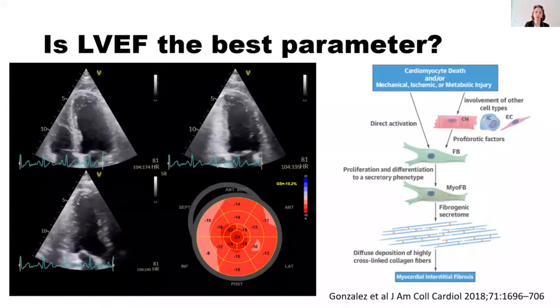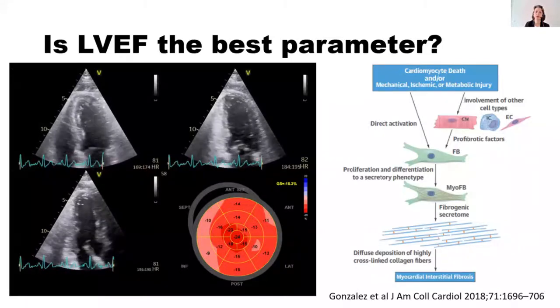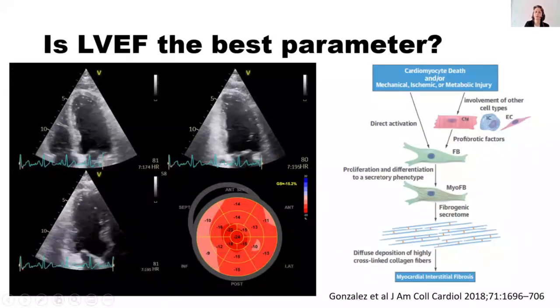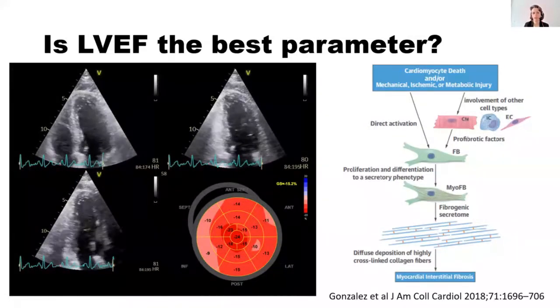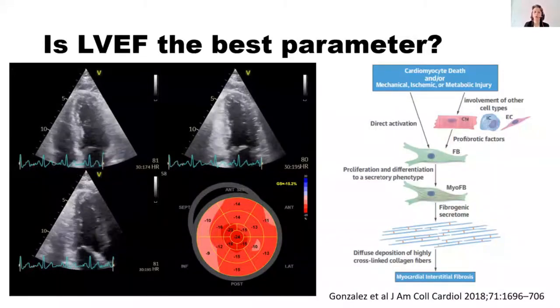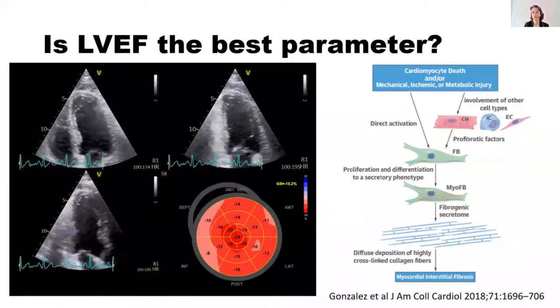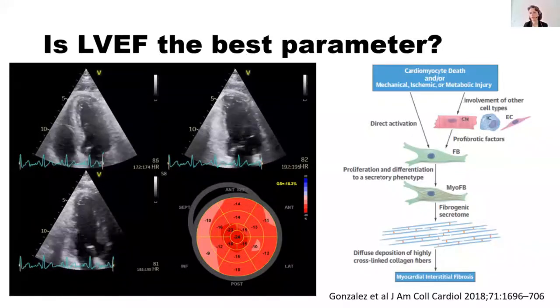But if we measure more sensitive parameters of left ventricular systolic function, such as global longitudinal strain, we can see that it is reduced. And that is related not only to changes in the chamber size or the presence of akinetic areas, but also to the presence of cardiomyocyte death and reactive fibrosis.